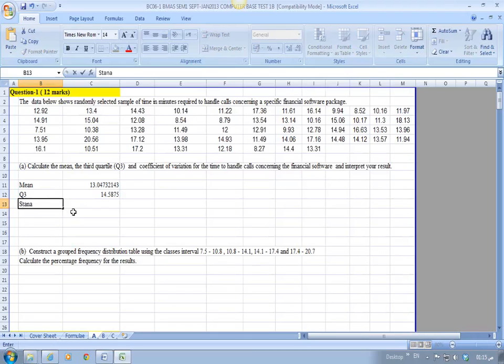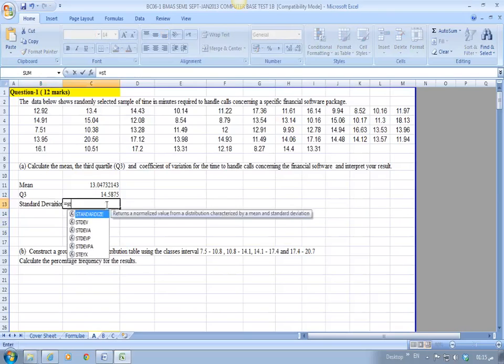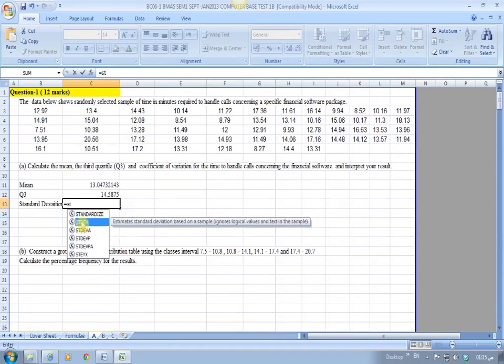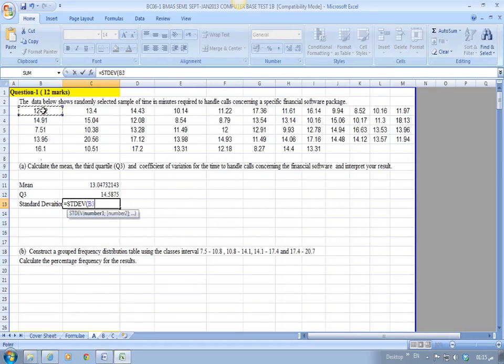Standard deviation, and here equal, you see stdev, double click, highlight the data, press enter. This is the standard deviation.